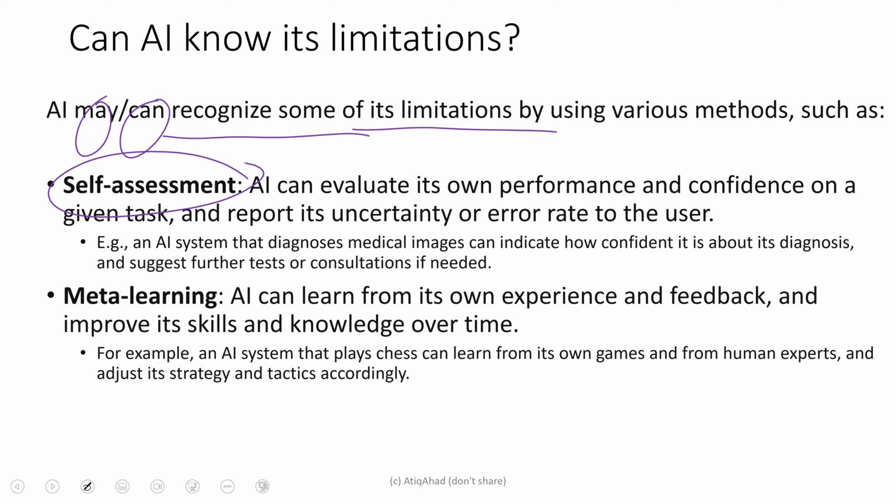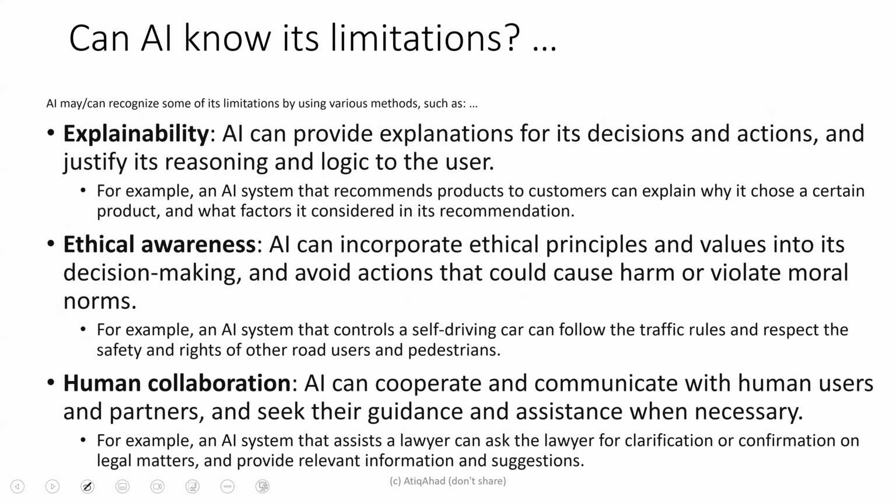So can AI have a mirror so that it can evaluate its own performance and confidence on a given task and report its uncertainty or error rate to the user? For example, an AI system that diagnoses medical images can indicate how confident it is about its diagnosis and suggest further tests or consultations if needed. Meta learning: AI can learn from its own experience and feedback, just as a good human being can, and improve its skills and knowledge over time. So these kinds of things are needed.